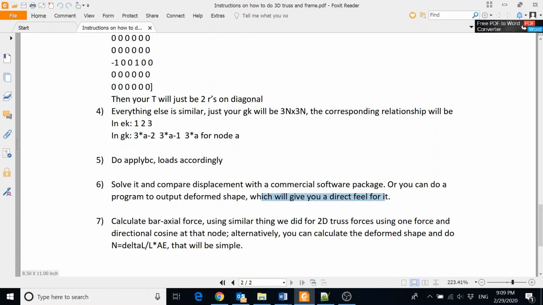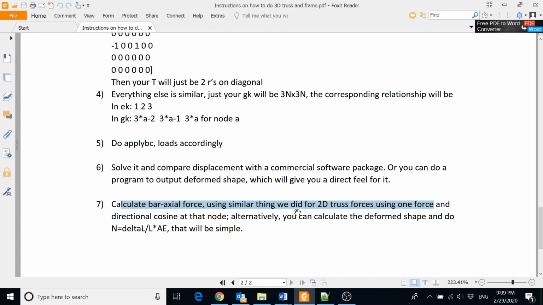Then finally, you need to calculate axial forces. Because you have one force component maybe in x, you just use the directional cosine for x prime.